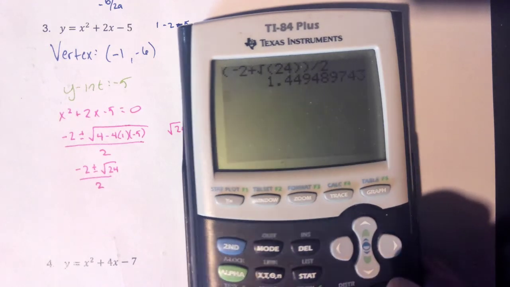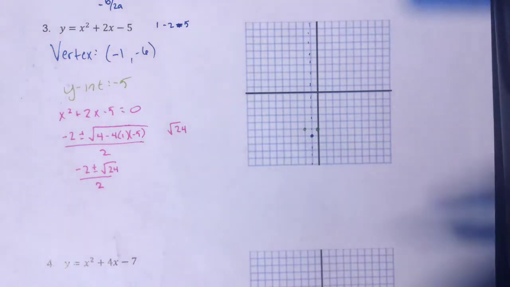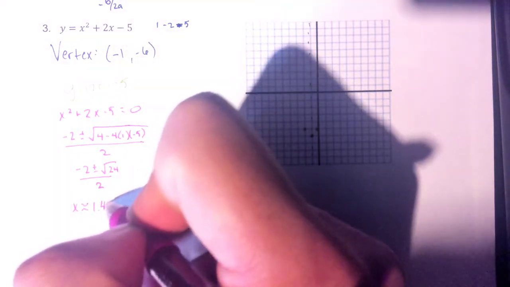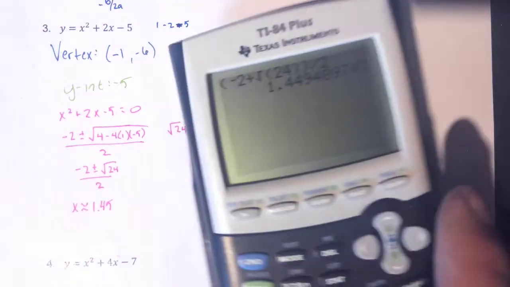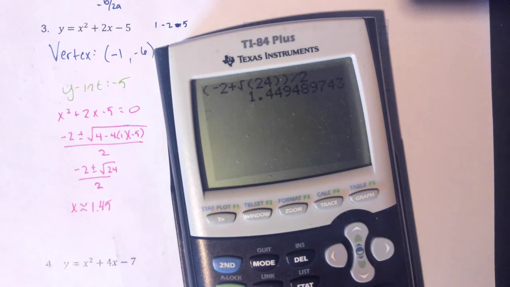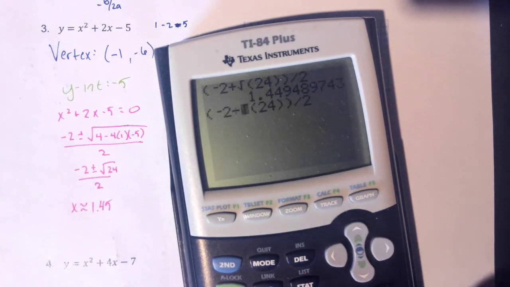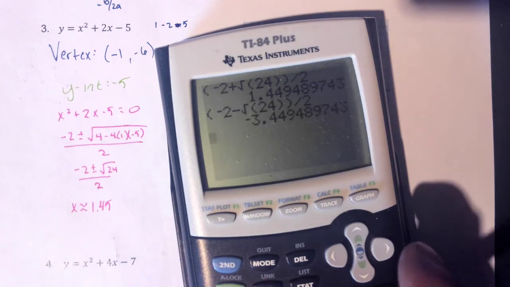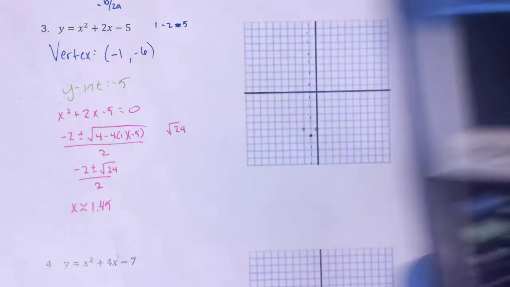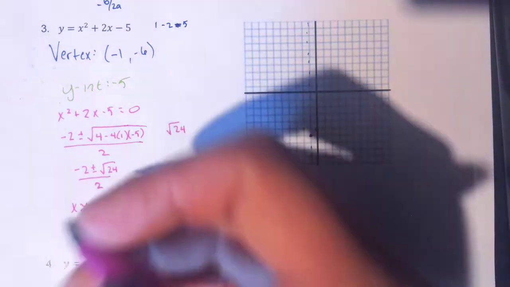So one of my x-intercepts is about 1.4, 1.45 to be more exact, but it's on paper, so it doesn't really matter. And then the other one is -2 minus the square root of 24 over 2, which is about -3.45.